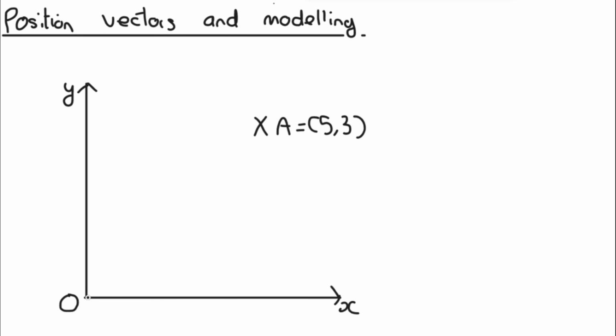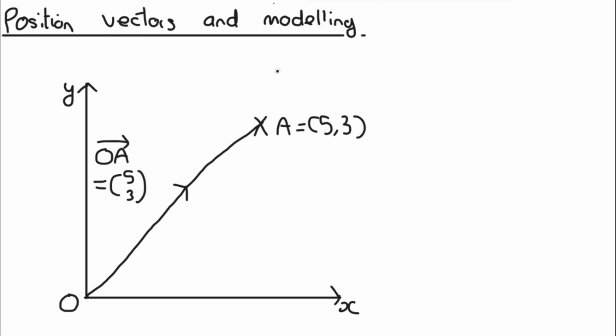So it's going to be this straight line. Here we're going to put an arrow because it's going from O to A, and it's going to be OA. And the vector is going to be in column form because the origin is just (0, 0). It's just going to be (5, 3) in column form.